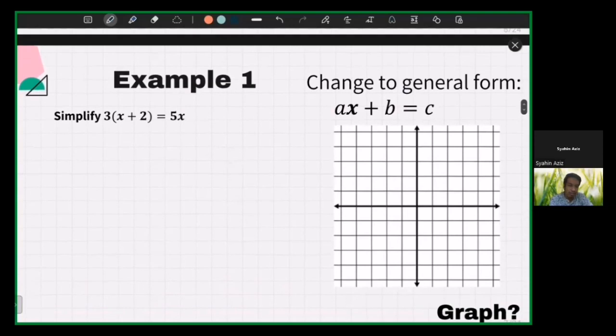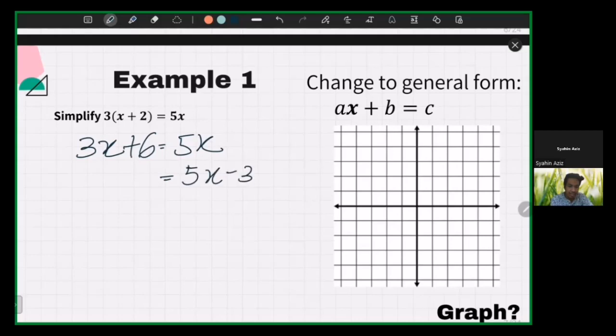3 times (x plus 2) equal to 5x. So 3x plus 6 equal to 5x, right? So 6 equal to 5x minus 3x, and 6 equal to 2x.